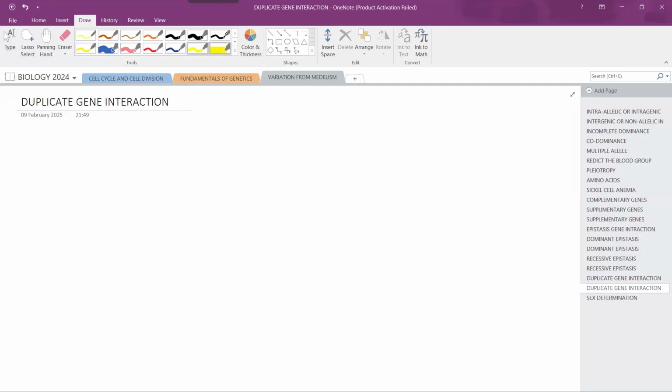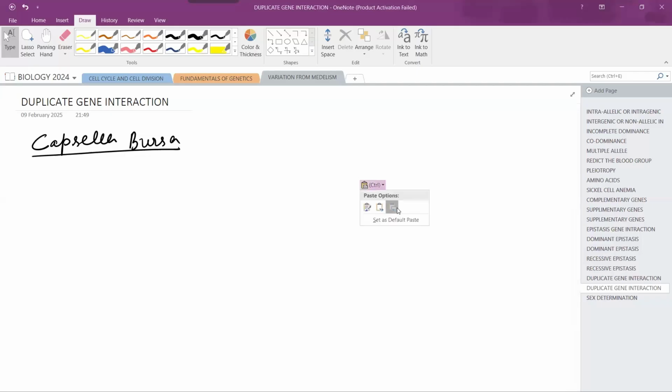Now let's see one example of fruit shape in the Capsella bursa-pastoris plant.